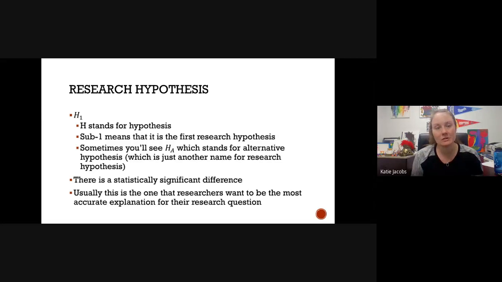So that's if we're doing a type of analysis that's looking at significant differences between groups. Usually your research hypothesis is the one that you want to be the most accurate explanation for your research question. That is most frequently what you want. When we go to test something called our assumptions, that will be an exception to this, and we will get into that in our next step.